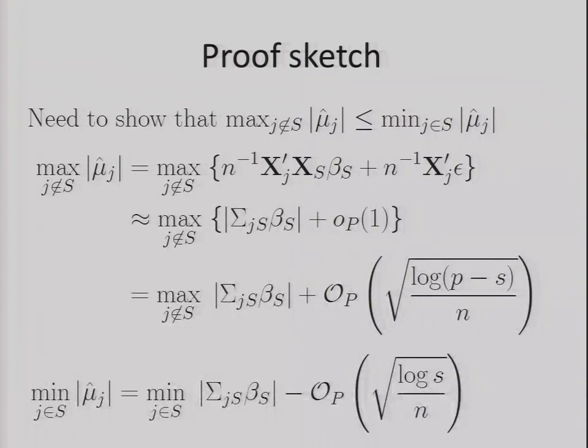Similarly, we can lower bound the term on the right-hand side, which, combined, gives us the bound on the previous slide. The proof idea for this part also carries to multitask regression problems. Essentially, the mu hat j in the multitask regression setting is going to be substituted by something else, but the structure of the proof is going to be the same.